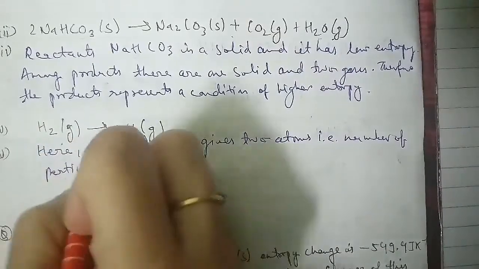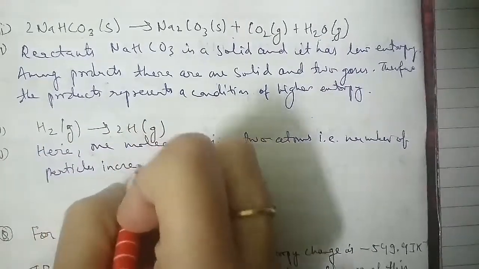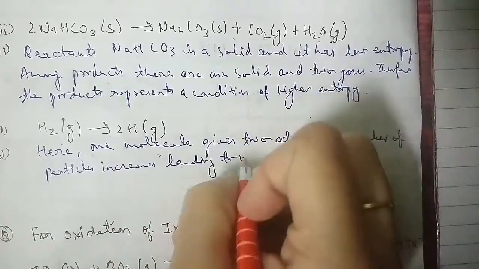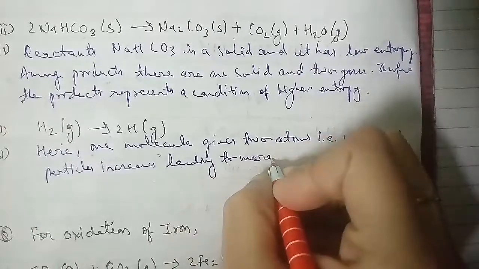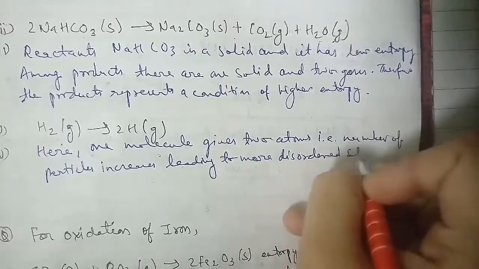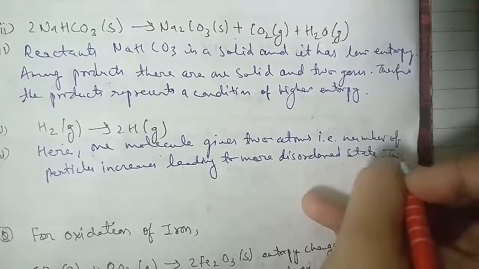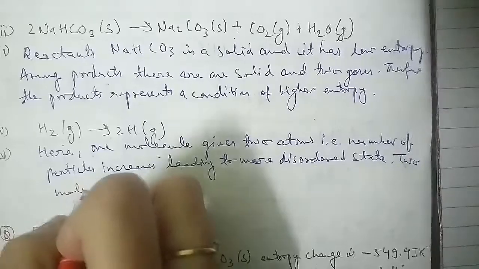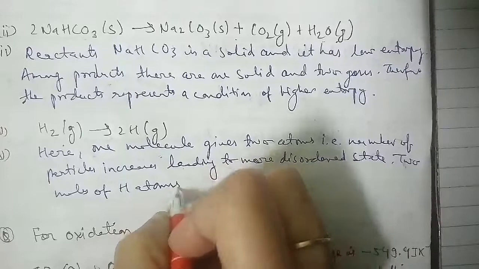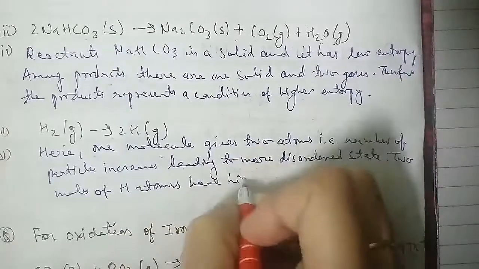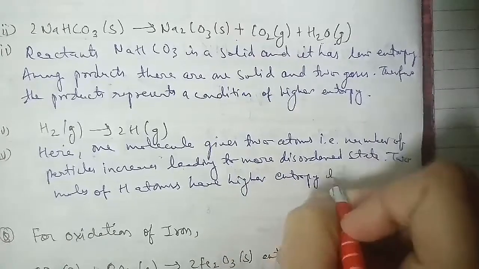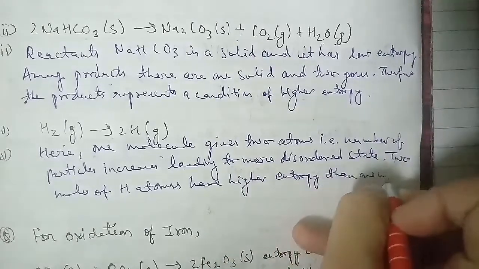For calculating the delta S of surrounding, we have to consider the heat absorbed by the surrounding, which is equal to minus delta H, and at temperature T, the entropy change of the surrounding, delta S surrounding, equals minus delta H upon T at constant pressure, which is minus of minus 1648 into 10 to the power 3 joule per mole upon 298 Kelvin.